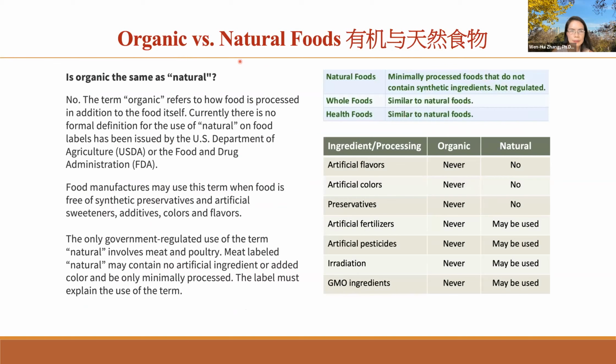So sometimes we see natural foods. Natural foods is not the same as organic, because there's no formal definition of the use of "natural" on food labels that has been issued by USDA or FDA.